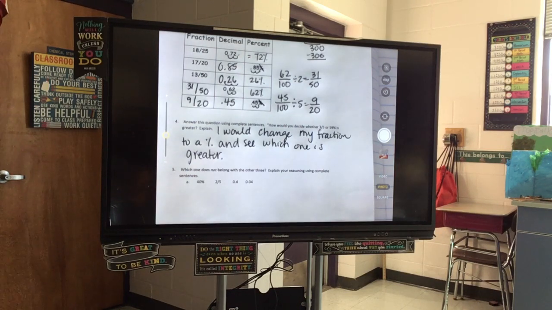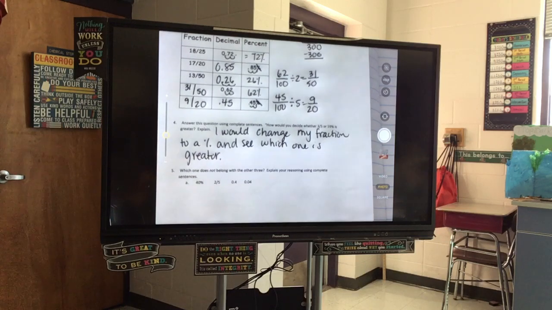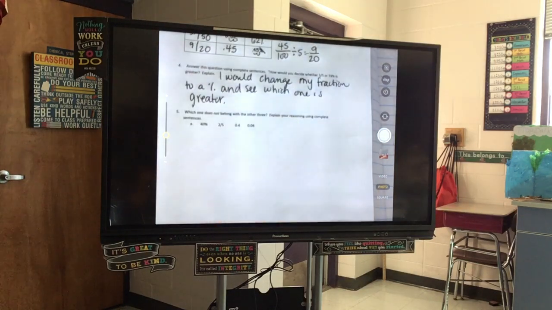I'm going to have you talk to your group members about it. So Levy, if you want to pop up and join the group, you can. So this one says, which one does not belong with the other three? Explain your reasoning using complete sentences.